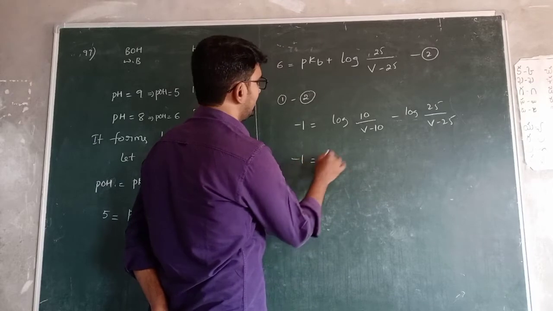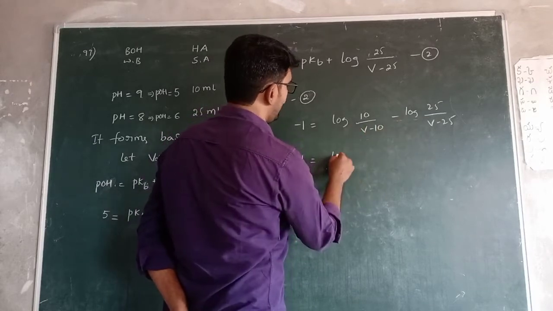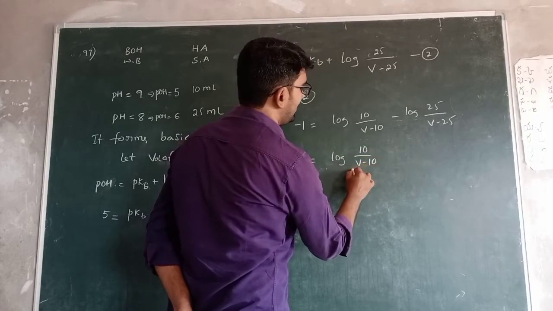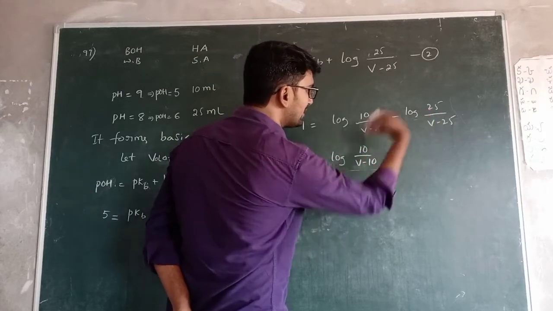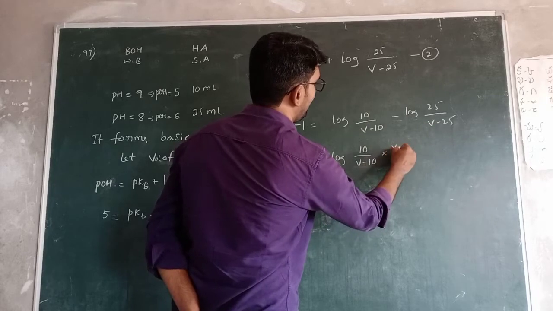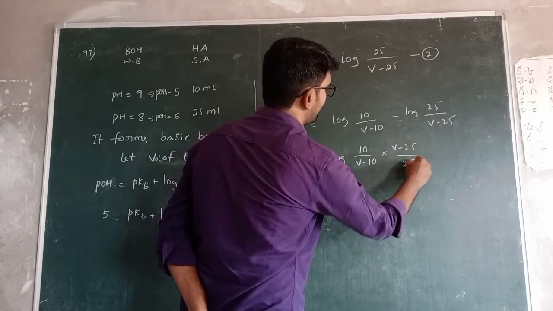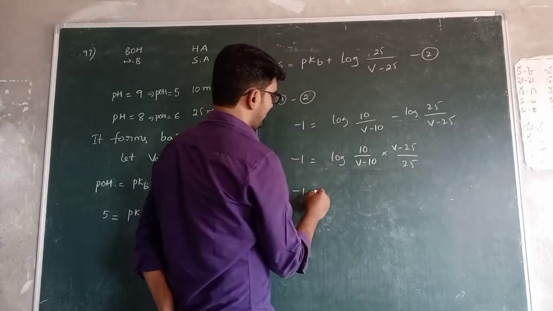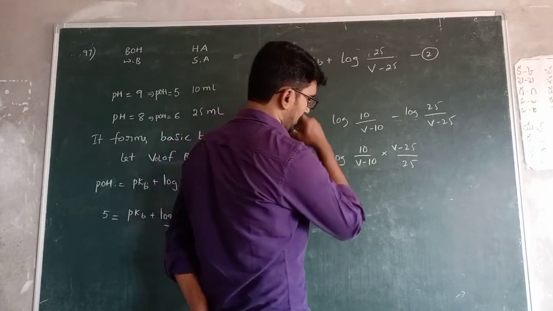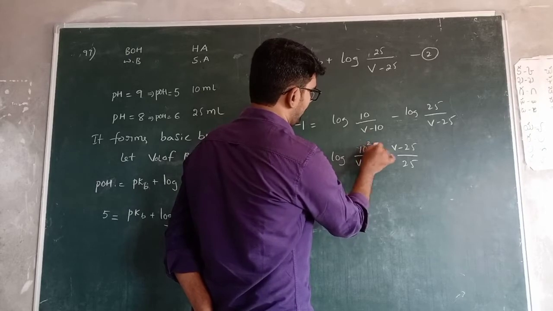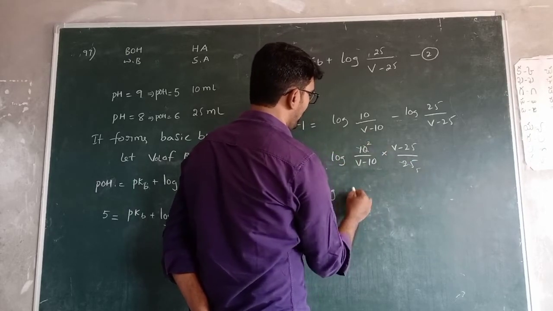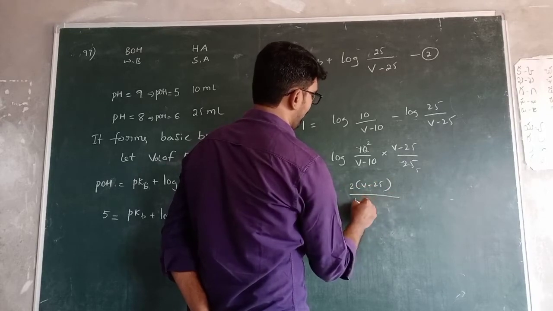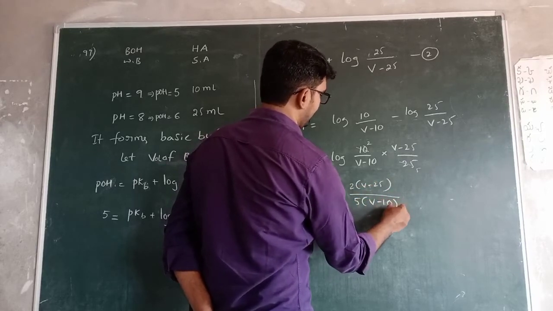This is log A minus log B, which is log A by B, so B is reversed: V minus 25 by 25. So minus 1 equals log of, 5 2s are 10, so 2 by 5, so 2 into V minus 25 by 5 into V minus 10.